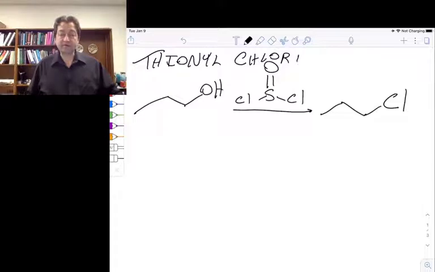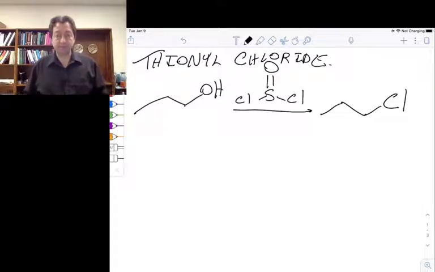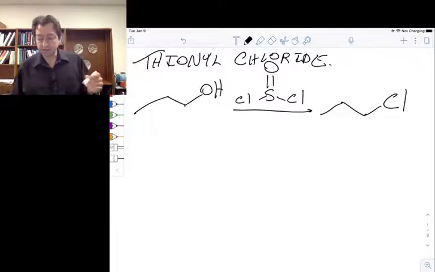Thionyl chloride is a very specific reagent for carrying out this purpose, where it will react with primary alcohols and convert them into primary alkyl halides, primary alkyl chloride specifically. And then that chloride could be used as a better leaving group for other substitution chemistry. So we can turn that bad OH into a good leaving group.